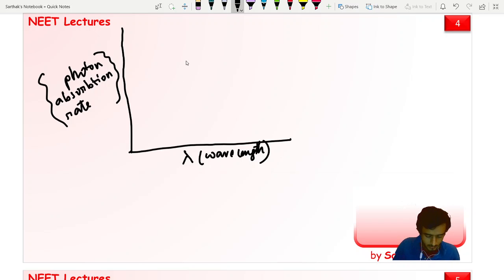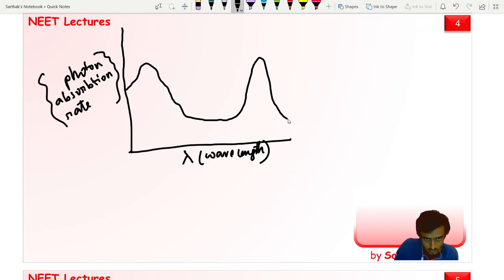We'll be drawing the first graph here for chlorophyll A. This is the chlorophyll A graph. This is the graph of chlorophyll A.